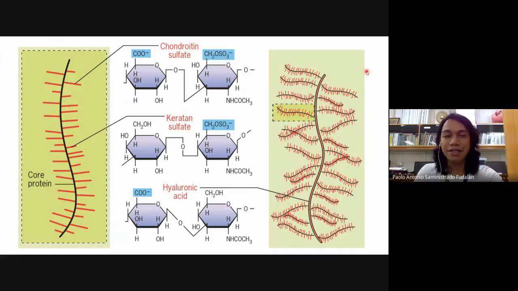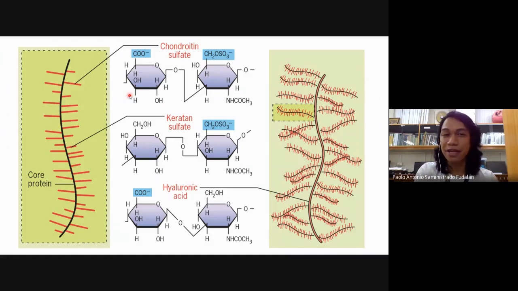All right, so it can resist compressional forces. It's like the opposite of the collagen characteristic. So if you put together proteoglycans and collagen in the ECM, you will have the best of both worlds. The ECM will be strong in terms of compressional strength and also tensional strength. So in your skin, it's not just the collagen that's playing a role. There are also proteoglycans for high compressional strength.